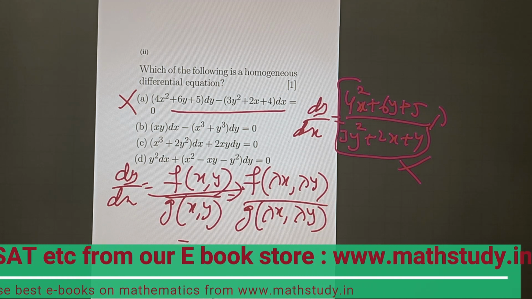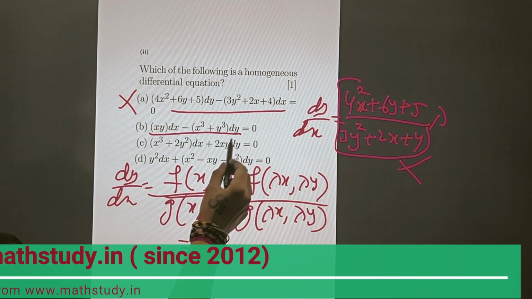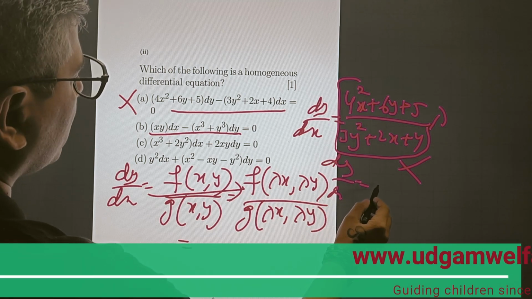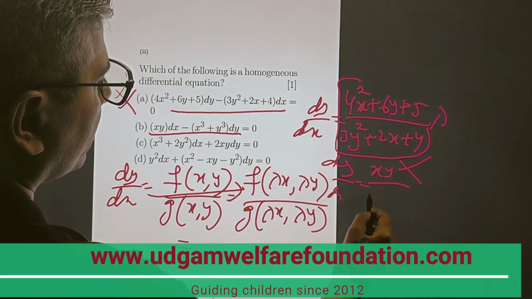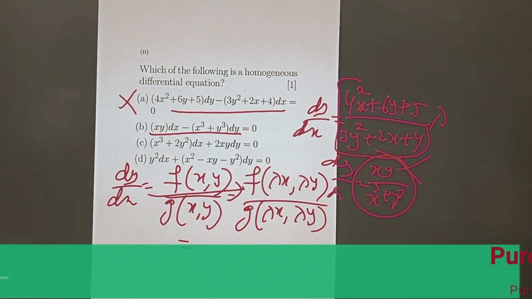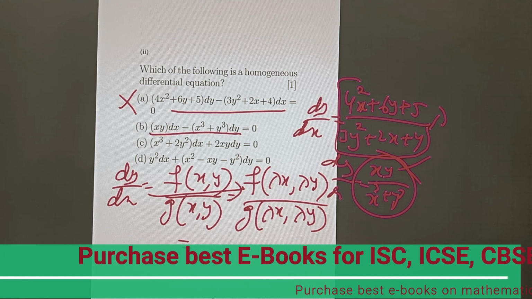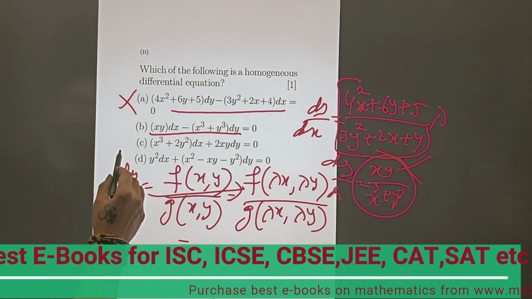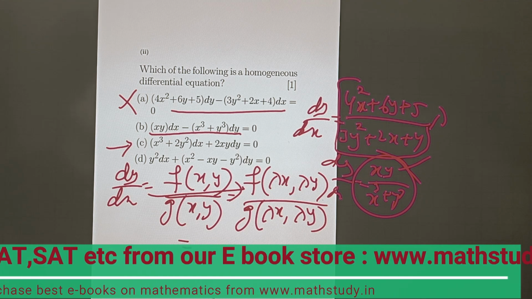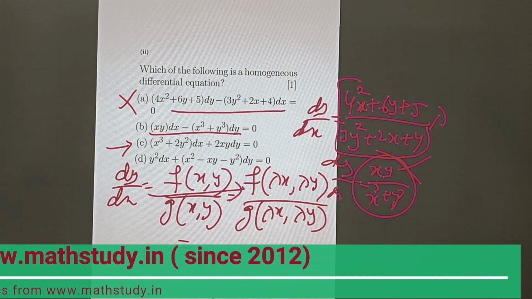Now we can test the second part, where dy by dx equals xy upon x cube plus y cube. Here the degrees are different, so here also we won't be able to cancel out our lambda term. Similarly, let's check part C, which states x cube plus 2y square, 2xy dy.